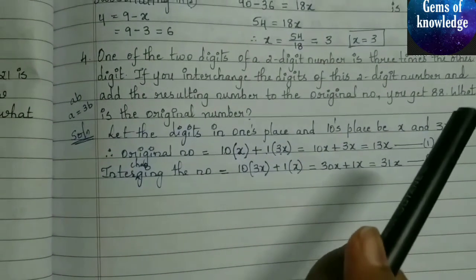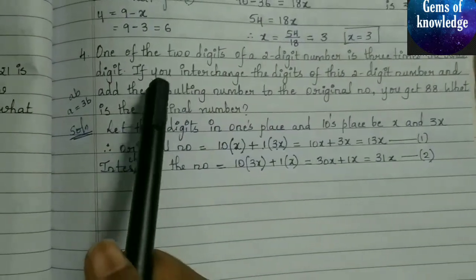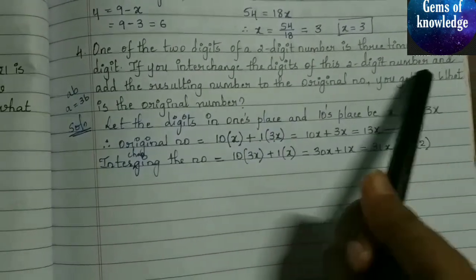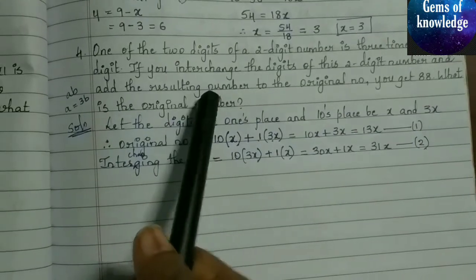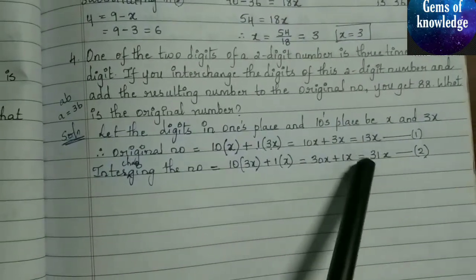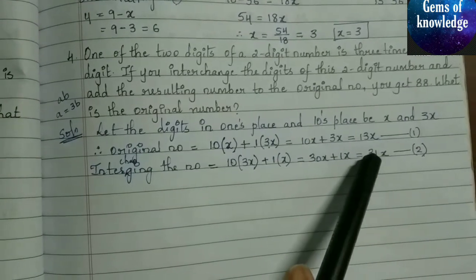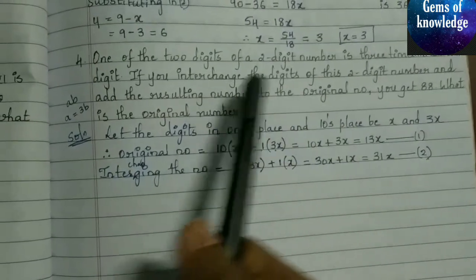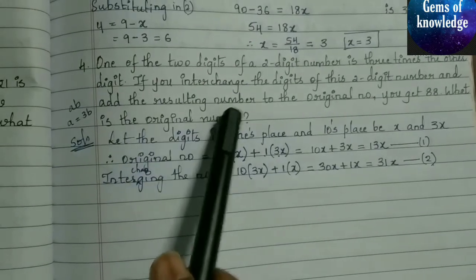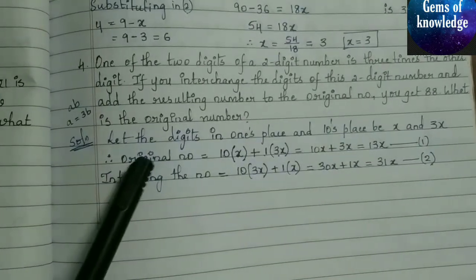Now you can see the question. If you interchange the digits of this 2-digit number and add the resulting number to the original number, this equation 2 is the resulting number. What is our original number?